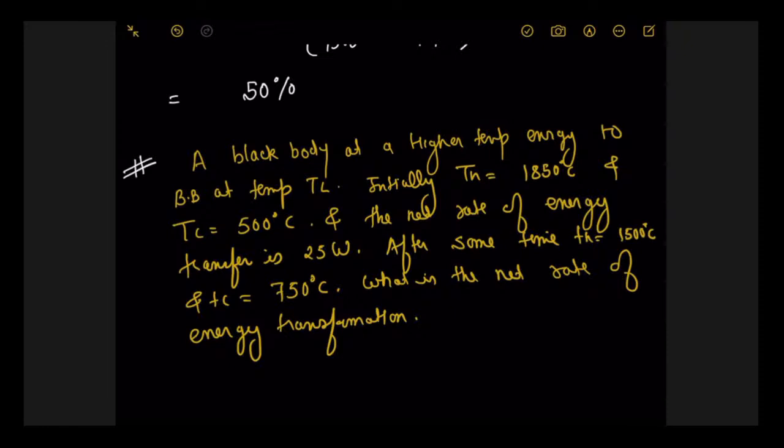Basically, what is the effect of the change in temperature? What will be the new rate of heat transfer?